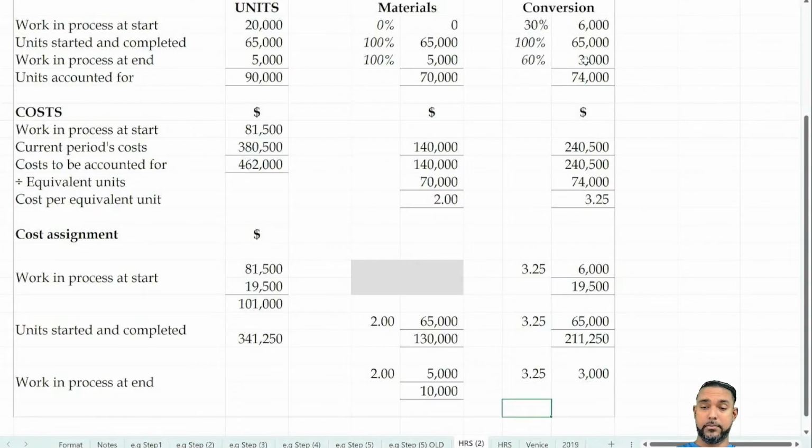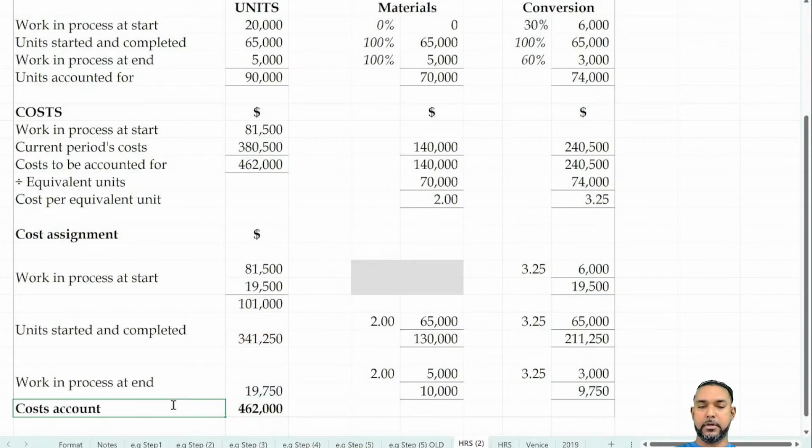I'm just going to copy and paste this across here, and then we add up the 3 items and get 462. And that is costs accounted for.